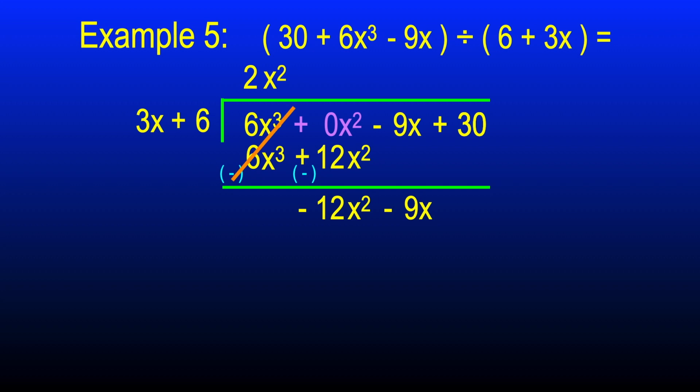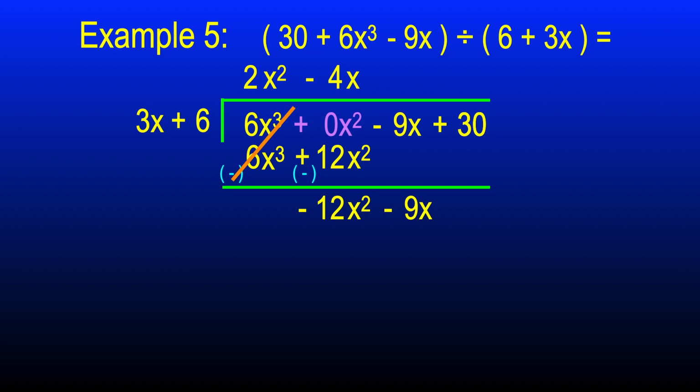So, divide negative 12x squared by 3x. Negative divided by positive is negative. 12 divided by 3 is 4. Then, x squared divided by x is x. Ayan, tapos na. Na-divide si negative 12x squared.